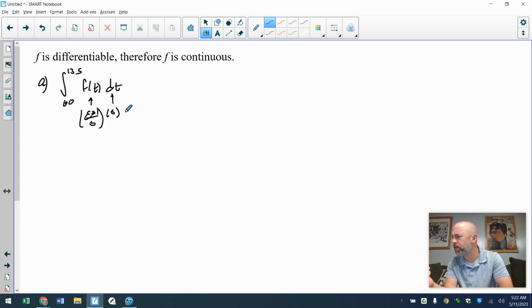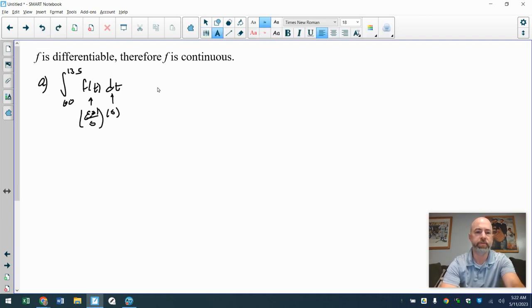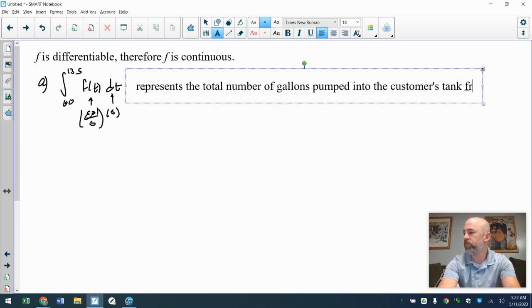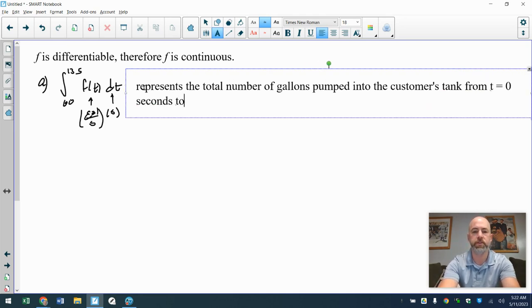The rate of flow of gasoline doesn't tell you where it's flowing. I mean, you obviously assume, oh, pumping gas. Okay, there is pumping gas into a tank. So this represents, and again, I'm going to type this for the sake of time, this antiderivative represents the total number of gallons pumped into the customer's tank from t equals 0 seconds to t equals 60.